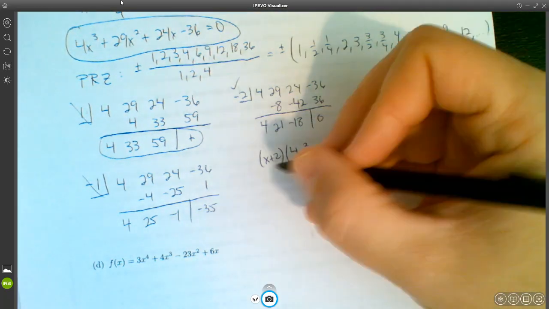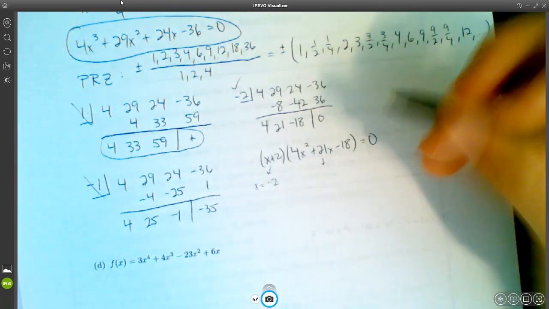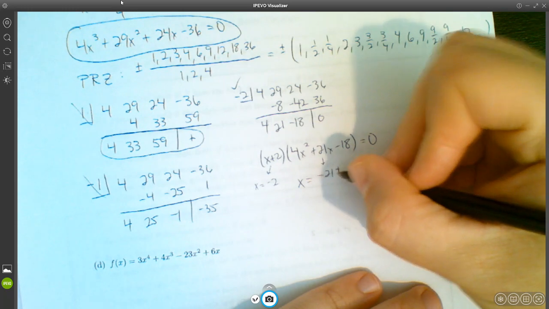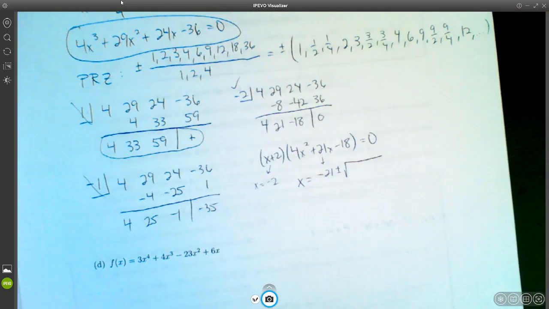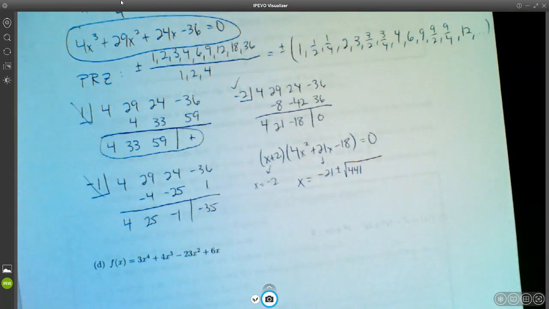As far as this one's concerned, I know x is -2. As far as this one's concerned, I'm going to say x is -b plus or minus the square root of b squared minus 4 times a, which is 4, times c, which is -18.